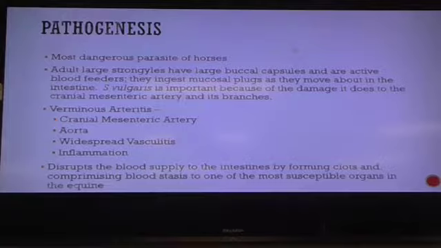You know that horses pretty much can die of anything, so anything that disturbs their gut blood supply can be bad. Like I said, it causes a verminous arteritis, and you'll mainly see it in the cranial mesenteric artery, but because you can have some aberrant migrants, you can see them in the aorta. They can cause a widespread vasculitis and inflammation.